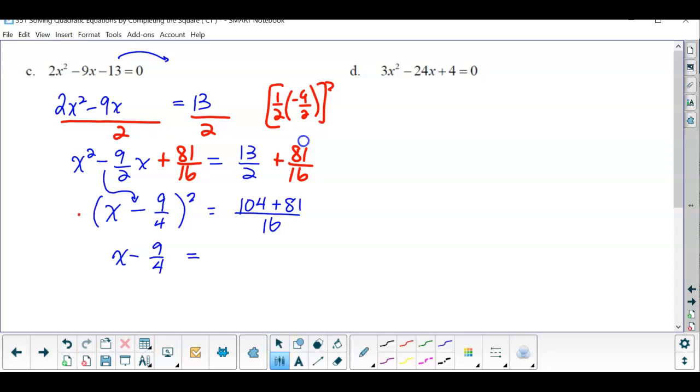Okay, then you can simplify this in the same step. Okay, so that's 185.